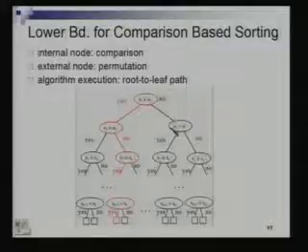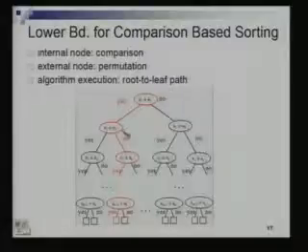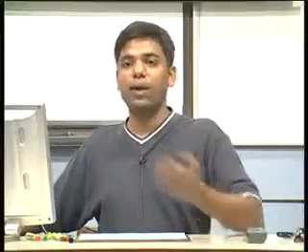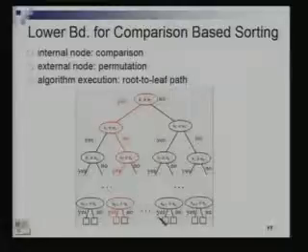At each point it's coming back to me with certain numbers to compare. Depending upon whether I say yes or no, the next comparison it asks me would be something else, and so on and on. So the execution of the algorithm is really a path down this tree.